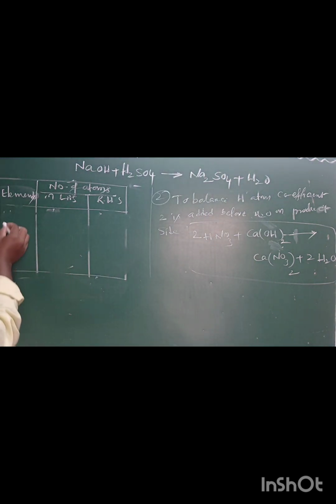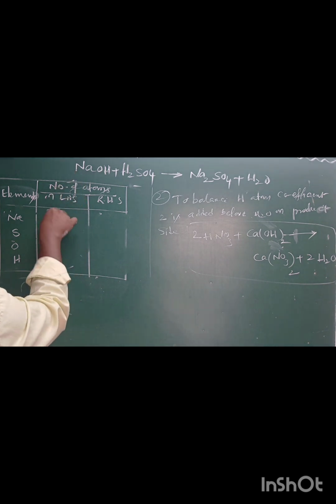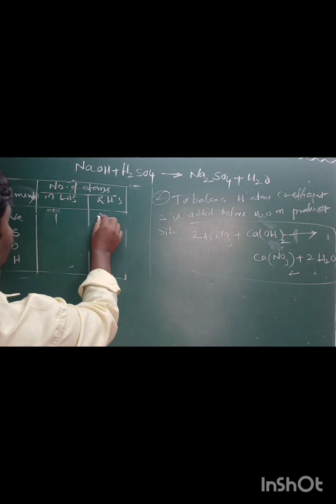What are the elements here? Sodium, sulfur, oxygen, hydrogen. Okay, how many sodium atoms are there? One is there on the reactant side. Here two is there.